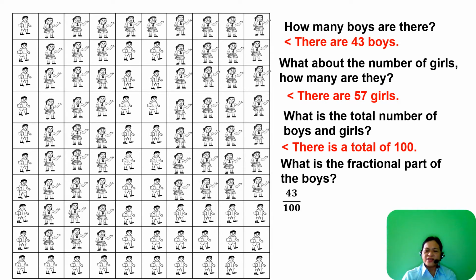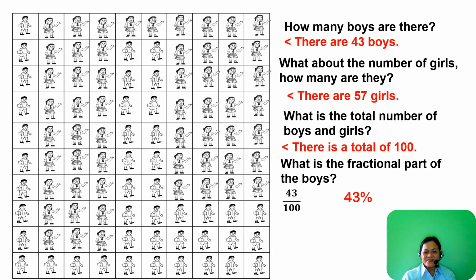Fractions can also be written in percent. What is percent again? Okay, it means per hundred or per centum. So we can write the percent of the boys as 43 and affix the percent sign. So we can write it as 43%. You can also read it as 43 out of 100.